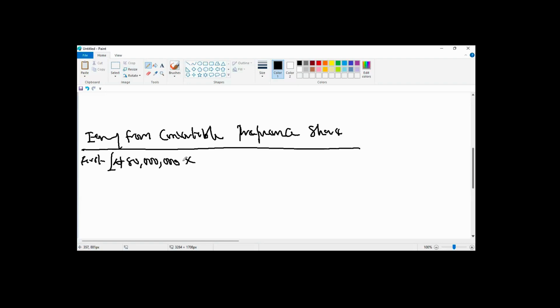times, and what is the interest they are collecting? 0.1 times, when did they convert it? From the beginning of the year to when they convert it is what we are going to take as part of the earnings, because for the next 3 months they become a shareholder. Which month did they convert it?